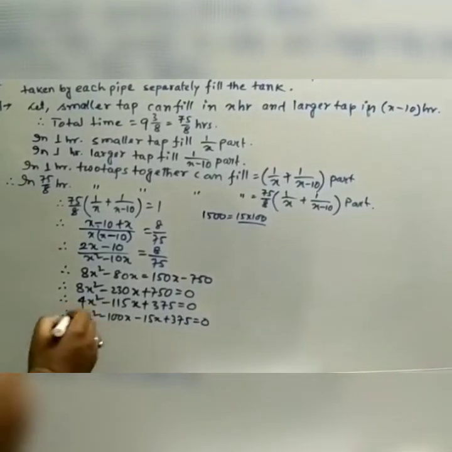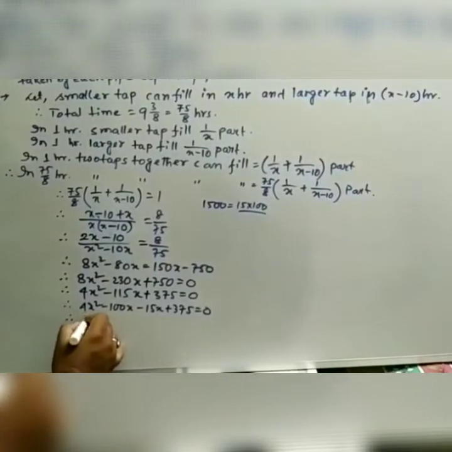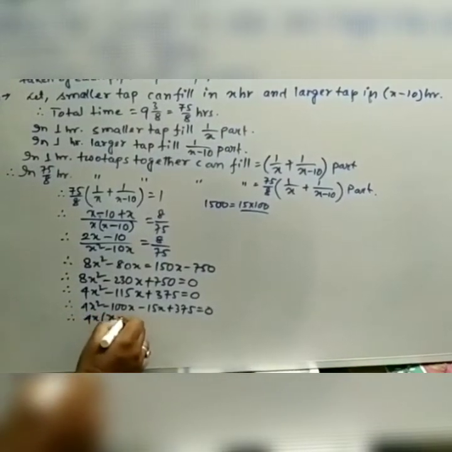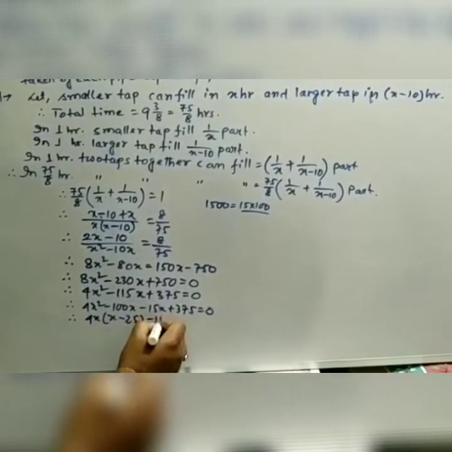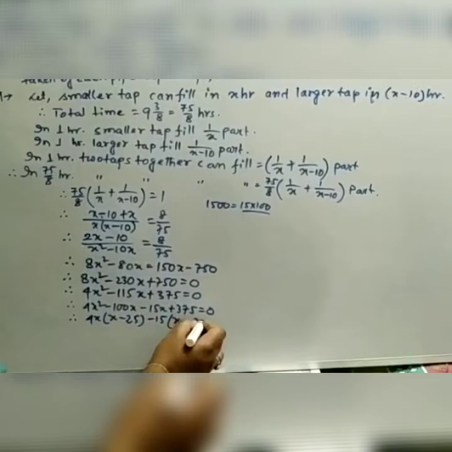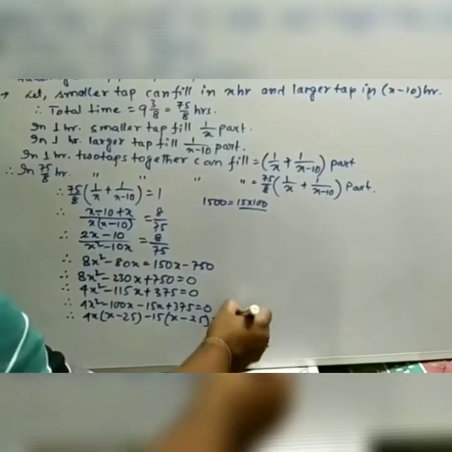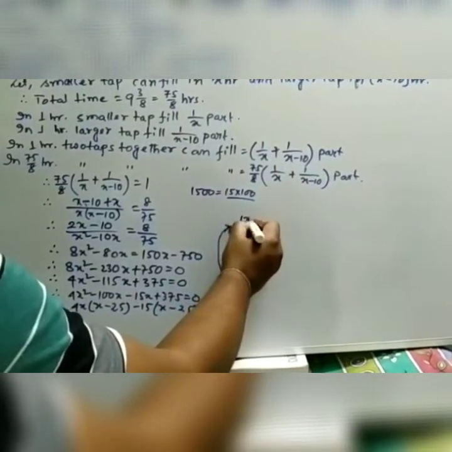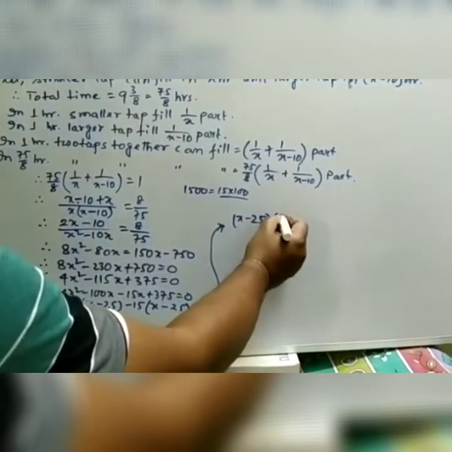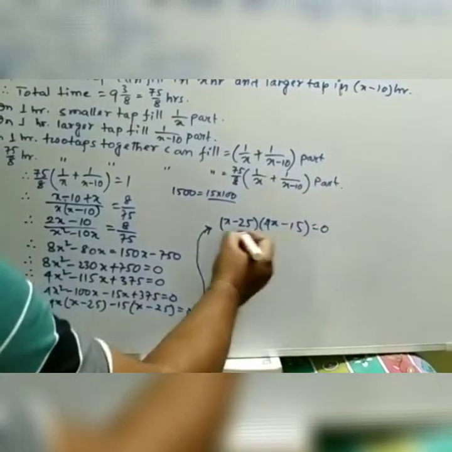Okay, so after that 4x will be common from the first two terms, giving x minus 25. Here minus 15 will be common, x minus 25 equals 0. So we write x minus 25 into 4x minus 15 equals 0.